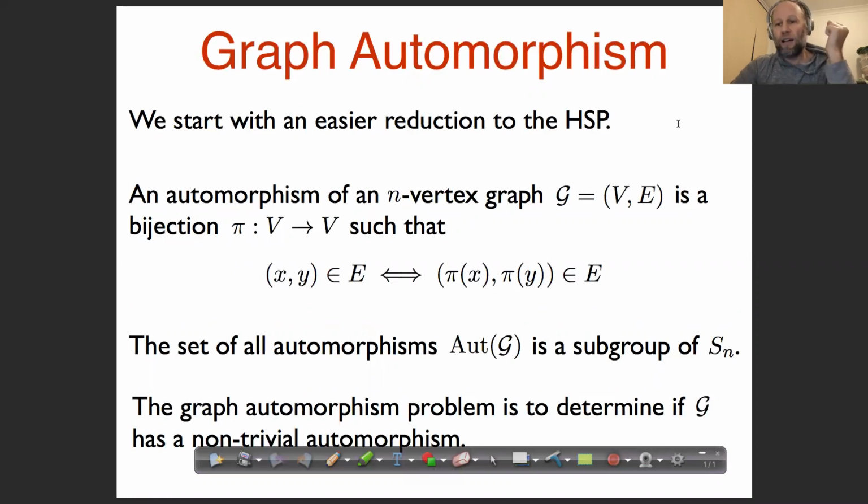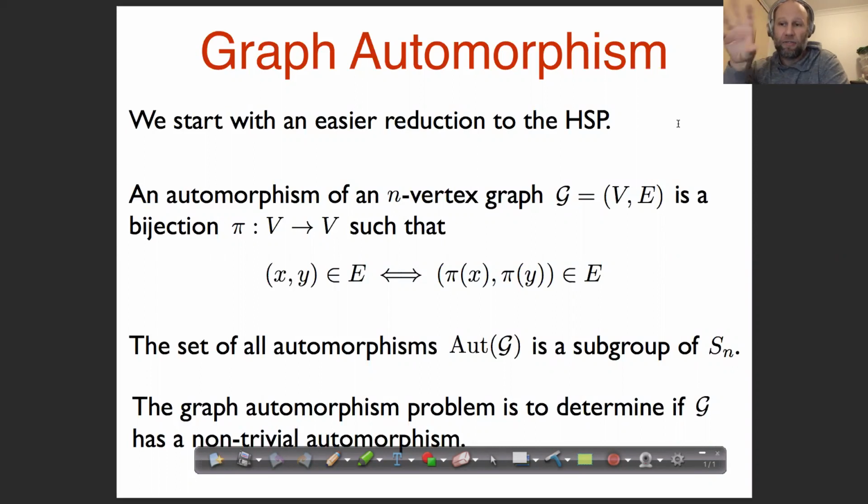Okay, so let's see why graph isomorphism is an instance of the hidden subgroup problem. And we're actually going to start with an easier case, the graph automorphism problem. So what is an automorphism of a graph? Well, in this case, we're just looking for a permutation of the vertices which preserves all the edges, which basically doesn't change the graph.